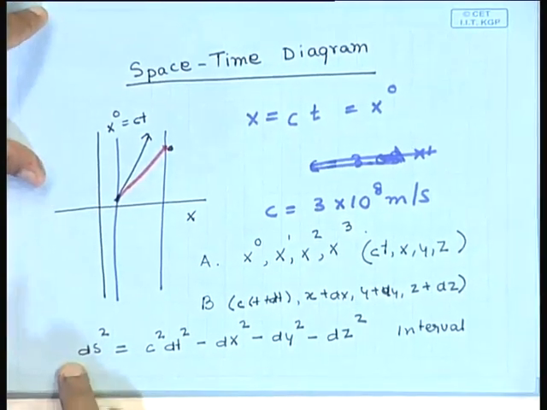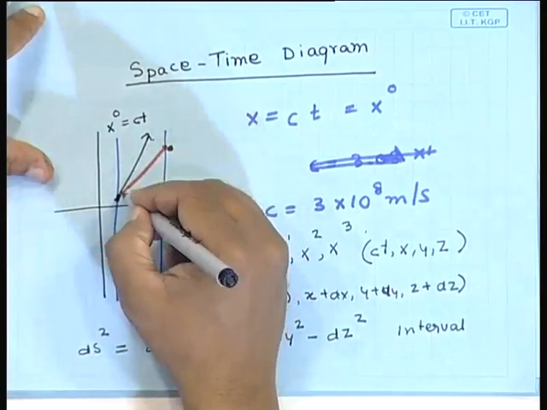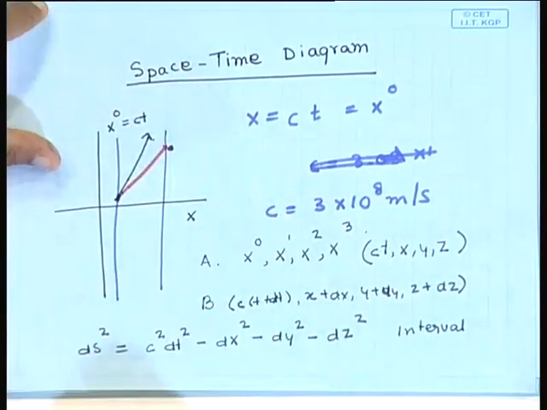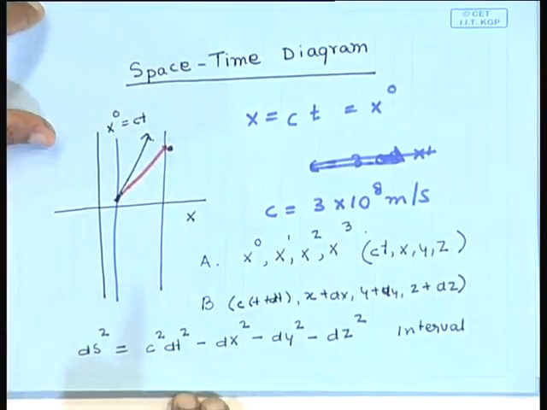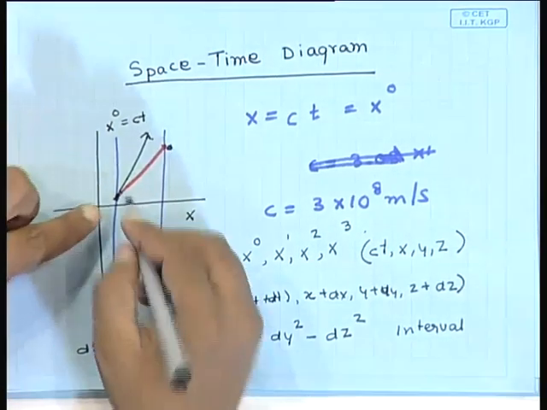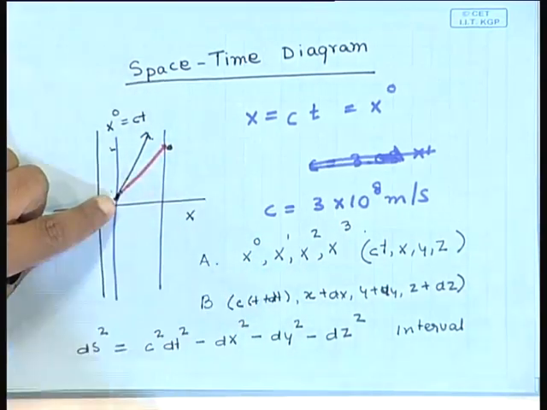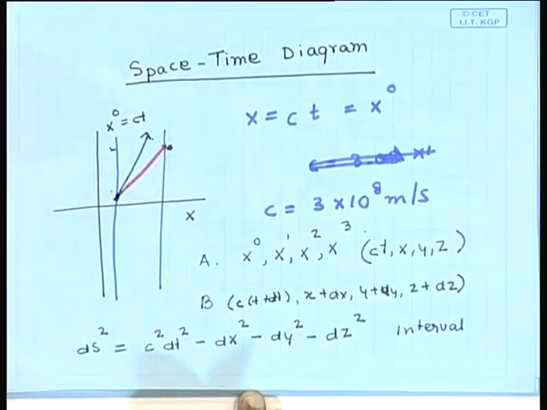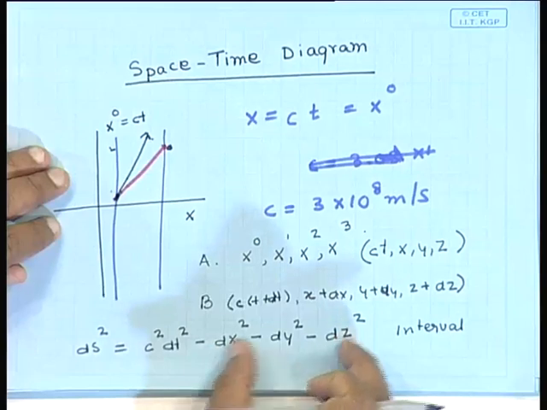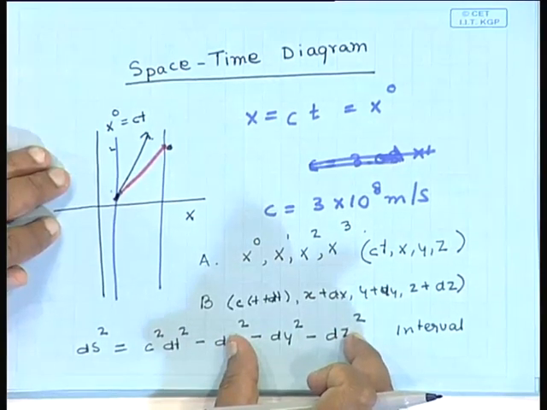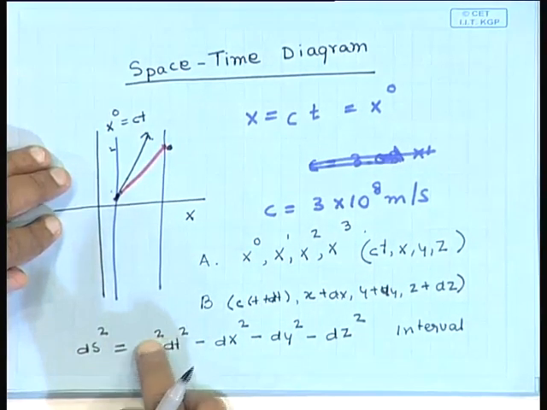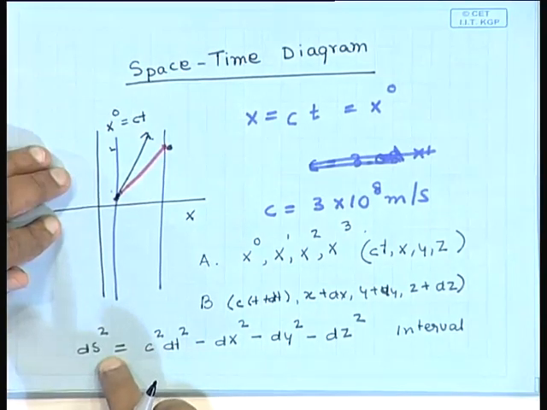Okay, now let us consider two events which are along the trajectory of a particle that moves slower than the speed of light. Suppose the two events are along this trajectory of a particle at rest, an observer at rest. For such an observer, this dx and dy and dz are all 0. Only time evolves. ds square is positive.